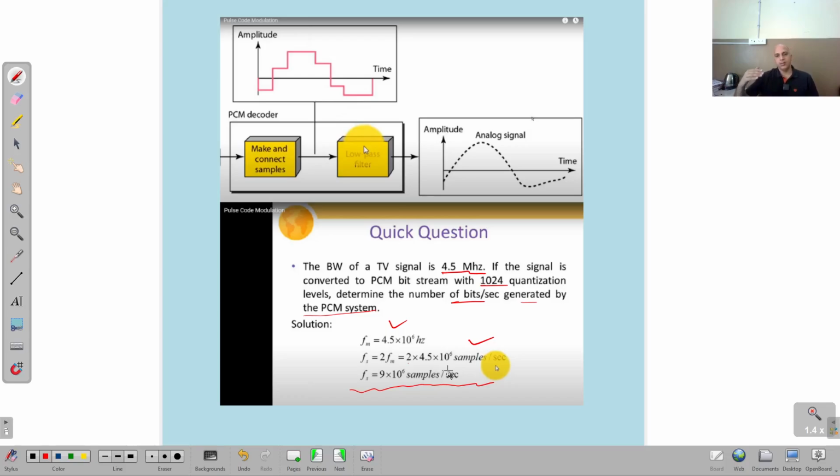You are given a TV signal whose bandwidth is 4.5 megahertz. If I want to sample this signal, then according to the sampling theorem, the sampling rate should be greater than 2 times the bandwidth. So 2 times this, and the sampling rate is equal to this, right?